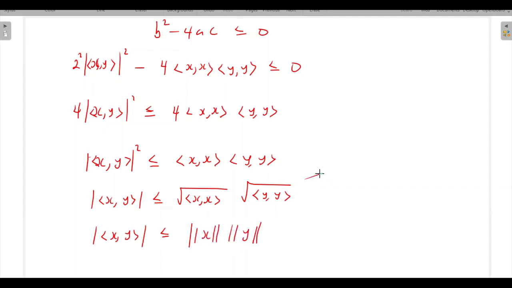Since this represents the norm, do not forget that the norm of x is the same thing as the square root of the inner product of x with itself. So this inequality can be written in this form, and the theorem has been proved.